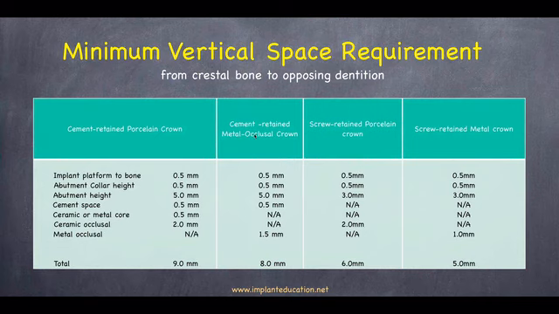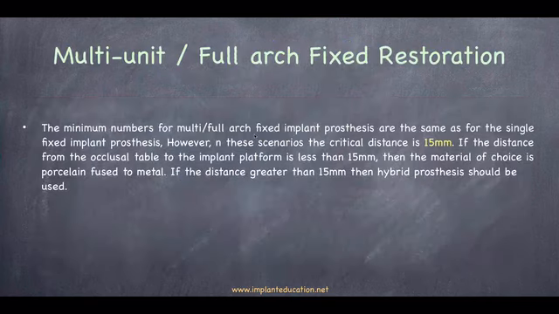However, we have here a magic number, which is the 15 millimeter that I put in yellow, under which, if it is a multi-unit fixed case, we do the prosthesis from porcelain material. Otherwise, if it is over 15, then the prosthesis should be fabricated from acrylic.